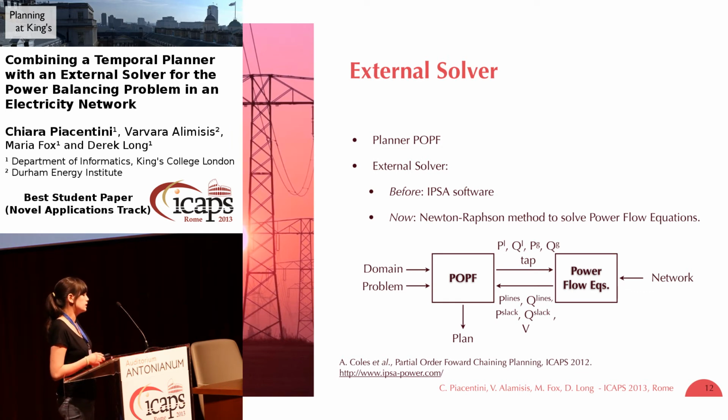So when the planner passes to the external solver, for example, the power consumed by the loads that are stated with timed initial fluents, and the other parameters, for example, the power generated that can be set and chosen with actions, the external solver calculates, for example, the power flow in the lines and the voltages that are then used during the evaluation of the state.